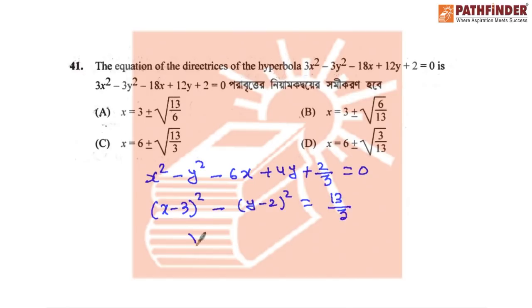So we can write it as x square minus y square is equal to c square, and it is in this form. So equation of directrix will be x minus 3 is equal to plus minus root over 13 by 6, which is given in option A.